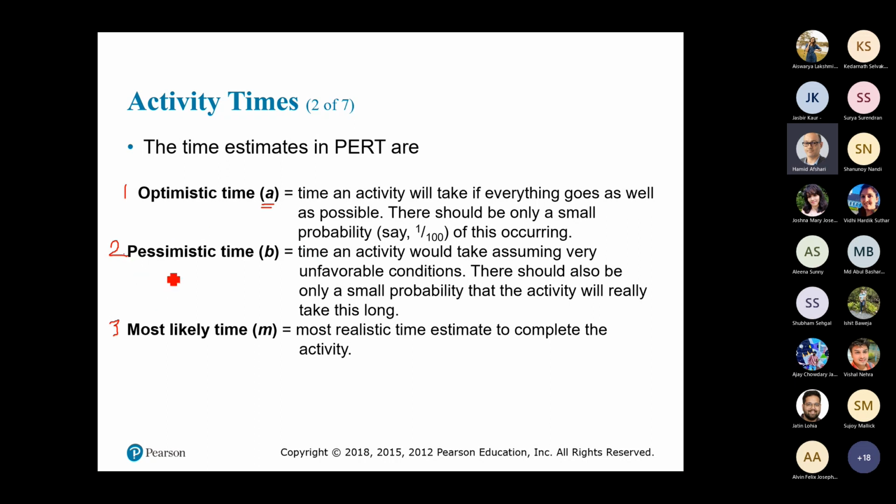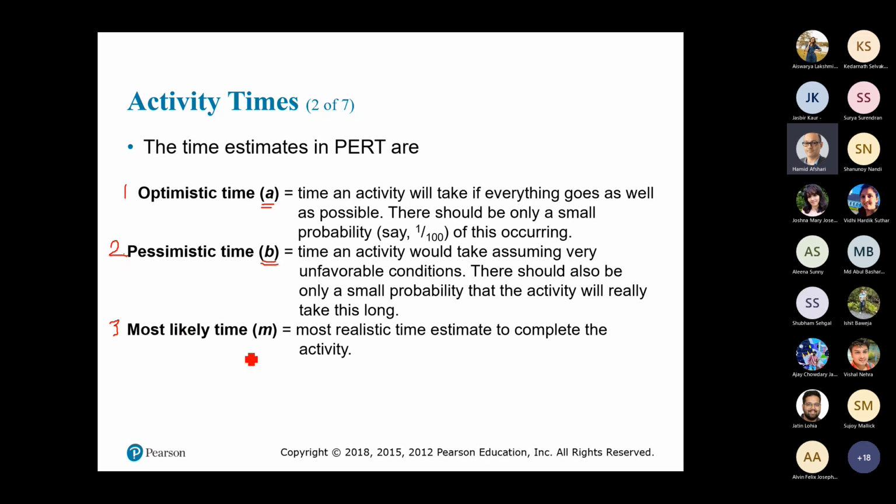And number two, pessimistic time. This is totally the opposite of A. So B, which is pessimistic, is the worst possible time to complete an activity. If nothing goes well, if everything goes wrong, what is the worst case to complete a job? That is called B, or pessimistic.